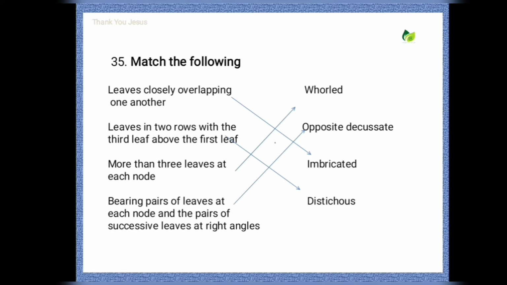More than 3 leaves at each node, that phyllotaxy is called whorled phyllotaxy. Bearing pairs of leaves at each node and the pairs of successive leaves at right angles, the type of phyllotaxy is called opposite decussate.